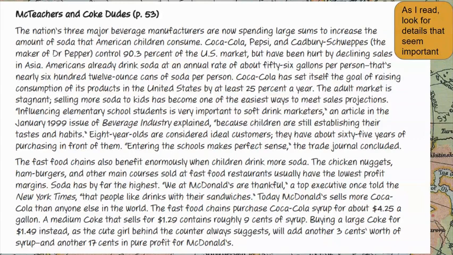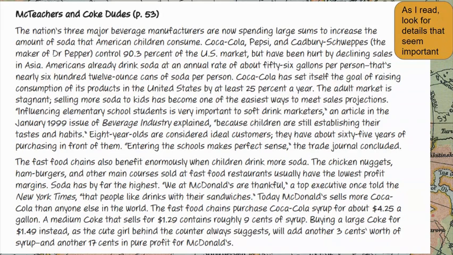The fast food chains also benefit enormously when children drink more soda. The chicken nuggets, hamburgers, and other main courses sold at fast food restaurants usually have the lowest profit margins. Soda has by far the highest. We at McDonald's are thankful, a top executive once told the New York Times, that people like drinks with their sandwiches.